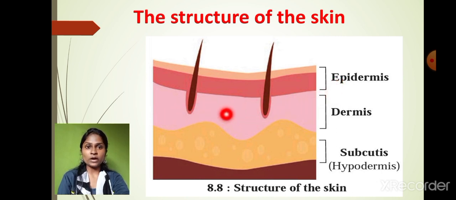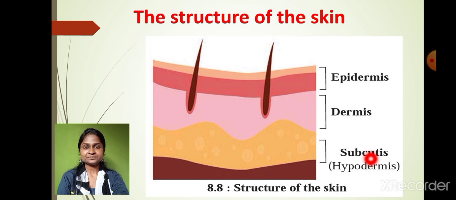This region we call what? Dermis. The outer layer of the skin we call epidermis. The lower layer is called what? Dermis. Okay, and most importantly, below the dermis there is one layer of fat, which we call what?